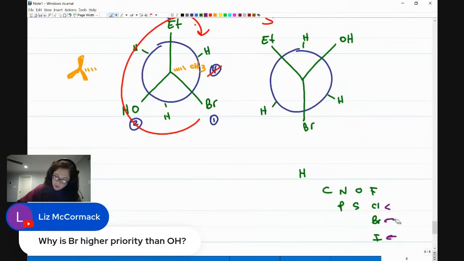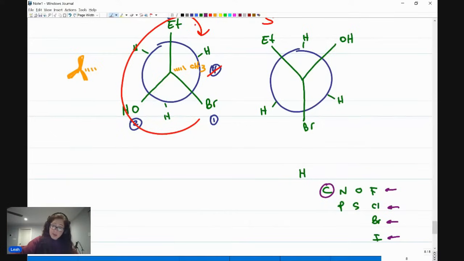These are drunk arrows. Let's try them again. Iodine, bromine, chlorine, sulfur, phosphorus, fluorine, oxygen, nitrogen, carbon, hydrogen. Hydrogen is always number 4. Methyl in the presence of hydrogen is number 3 because it's the lowest that you can get. In the absence of hydrogen, it's the lowest that you can get. That is why these shortcuts work.